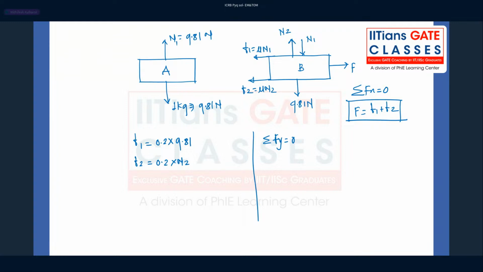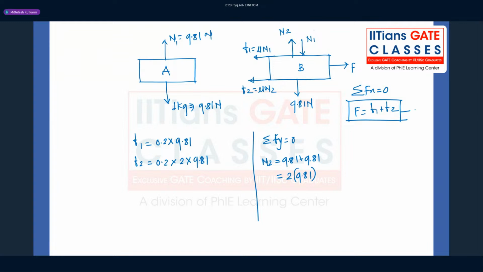So N2 has to be written as 9.81 plus 9.81, because we have weight acting downward, we have N1 acting downward, and the only reaction which is in the upward direction is the N2. So N2 can be written as 9.81 plus 9.81. And yeah, let's write it as 2 into 9.81. So we have N2. So if I put it here, 2 times 9.81, we got F1 and F2.